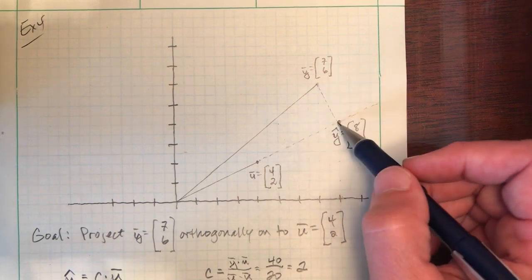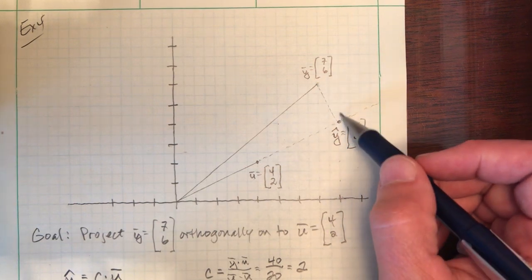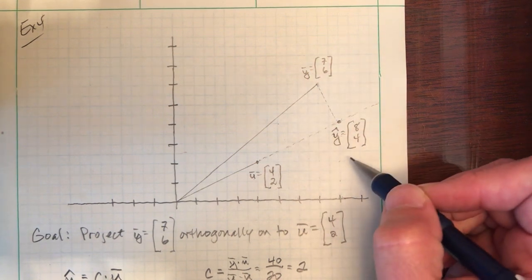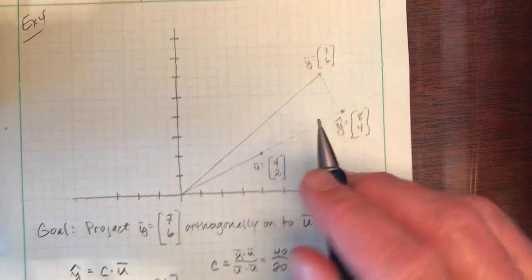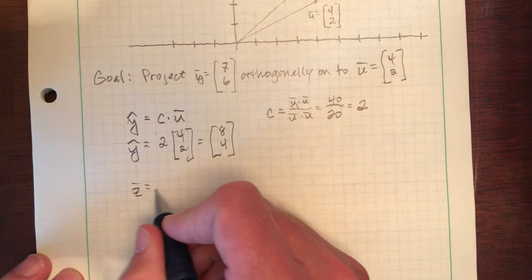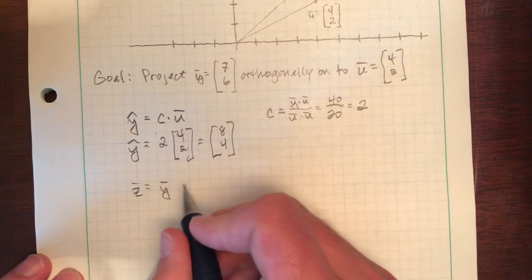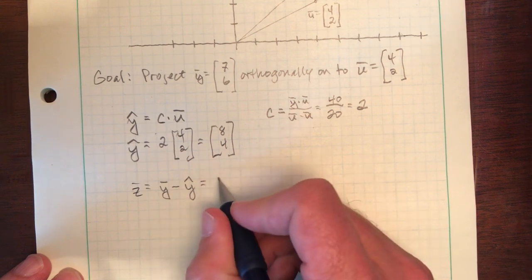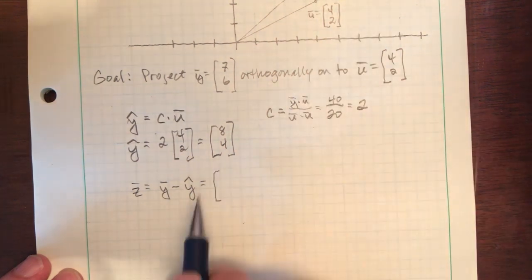And how do I figure out the vector in between these two? We just subtract y minus y hat. And we're going to call that the z vector down here. So let me come down. Say if I take my original target vector minus my new scaled one, we're going to get this orthogonal vector.